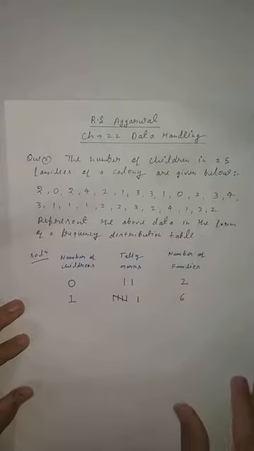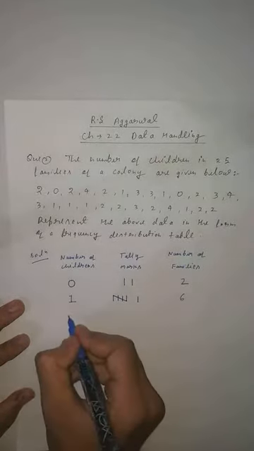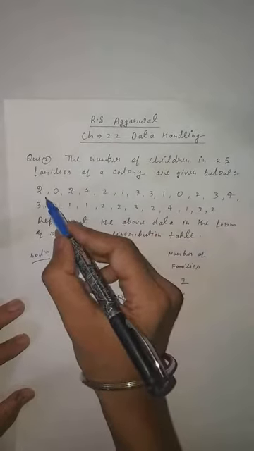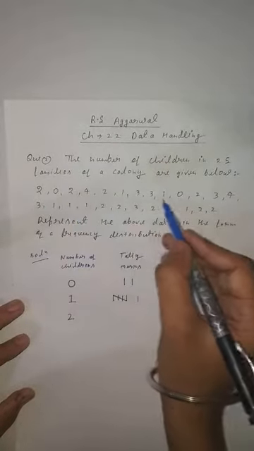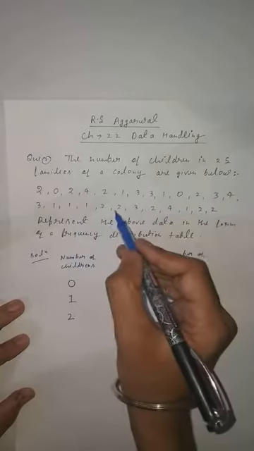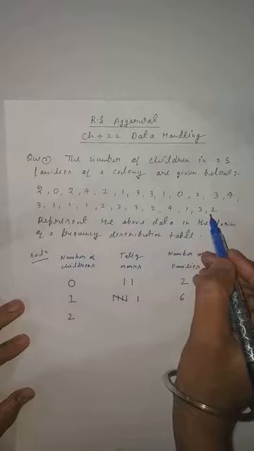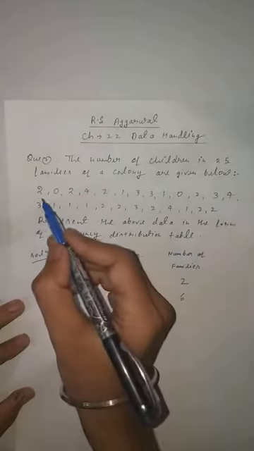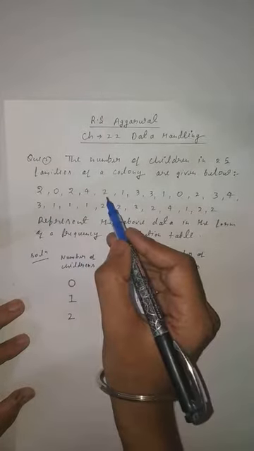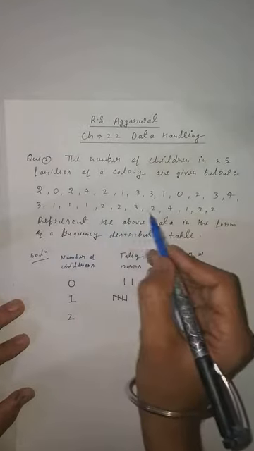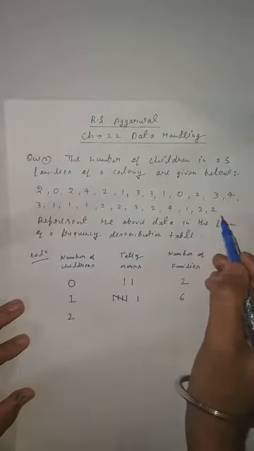Now next you will check 2. How many families have 2 children? Count 1, 2, 3, 4, 5, 6, 7, 8. Again count 1, 2, 3, 4, 5, 6, 7, 8 and it is 9.